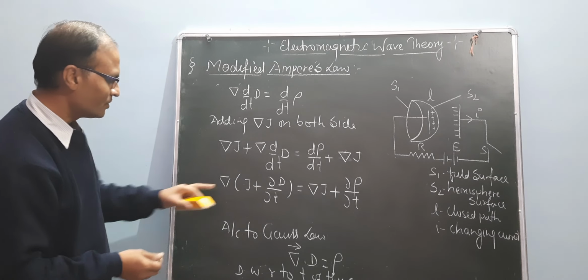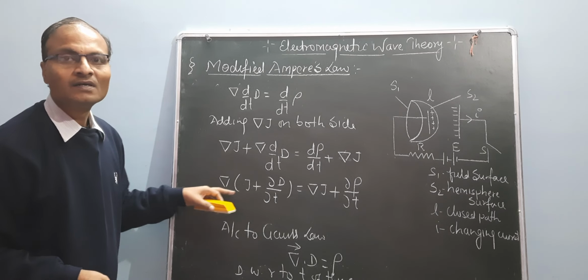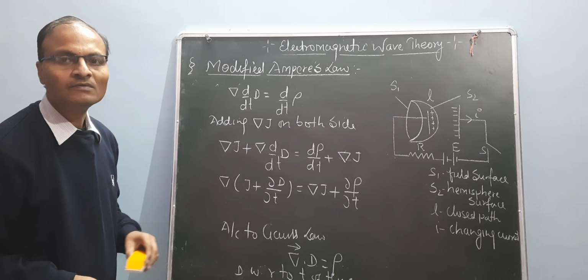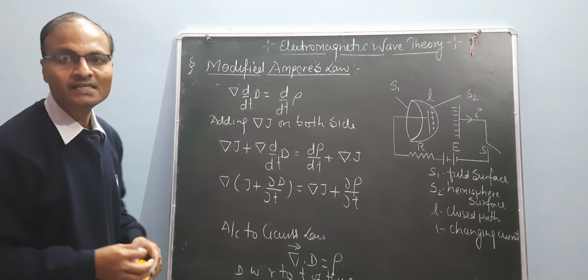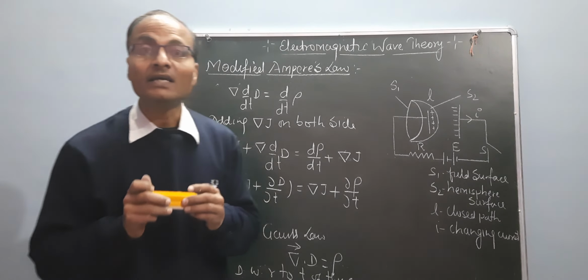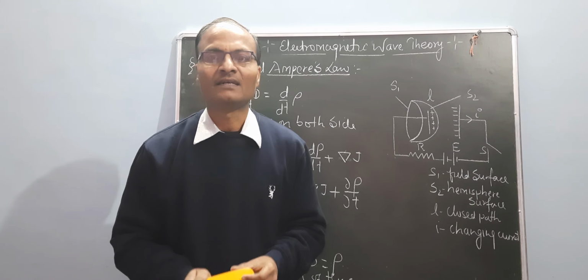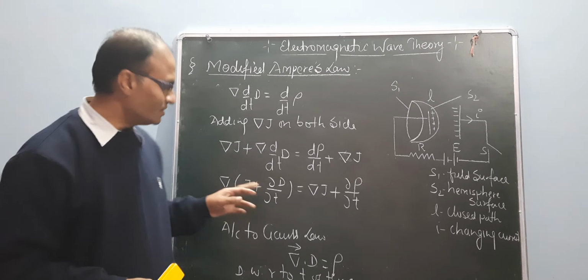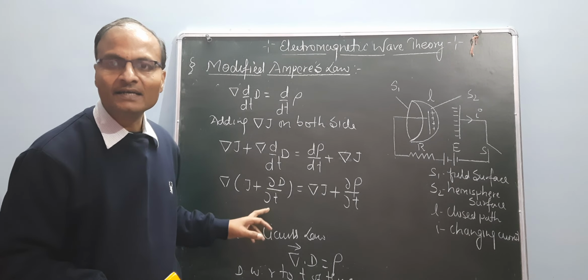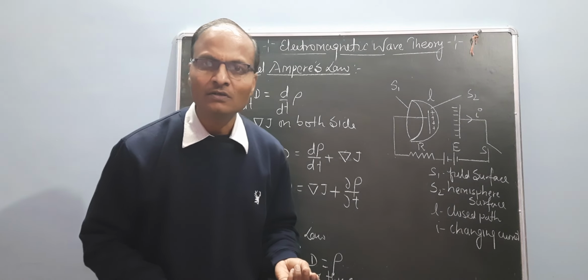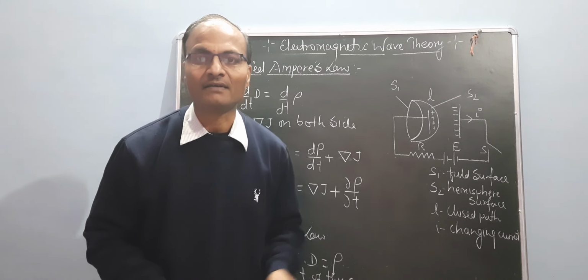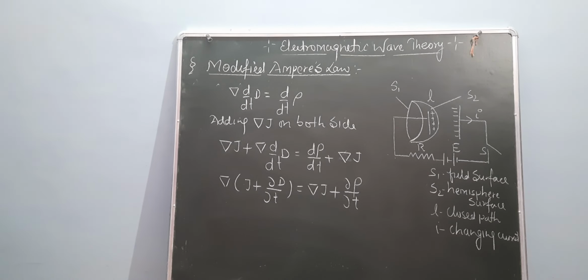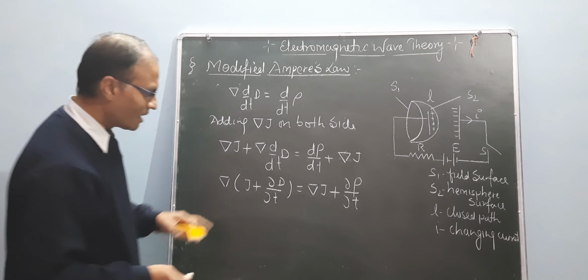This is the equation of the modified Ampere's law, where del dot J equals 0 for steady state current and del dot of J plus del D over del t equals 0 everywhere.